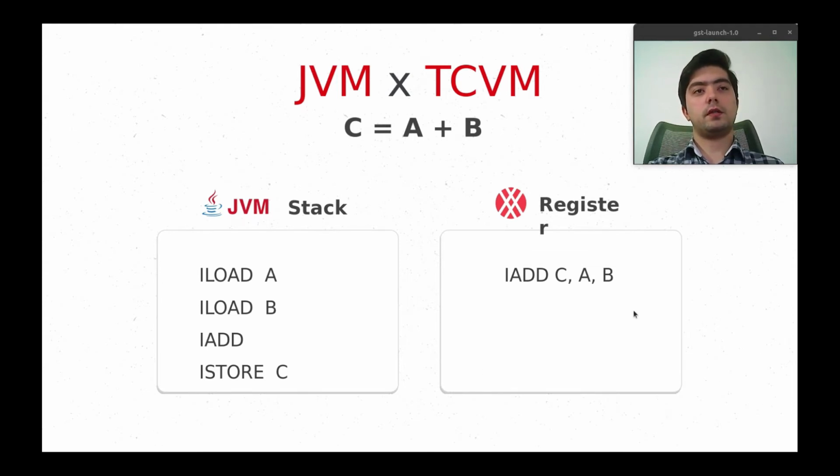However, on TotalCross it's done in just one operation, and just in the register memory. So we are expecting that applications that heavily depend on such operations would have a major performance increase on the TotalCross runtime.